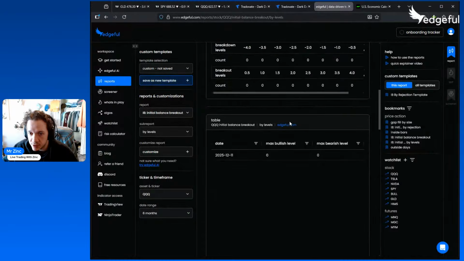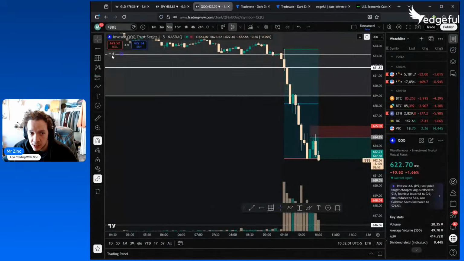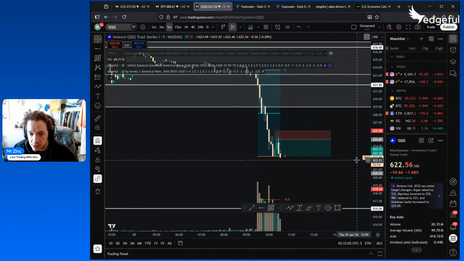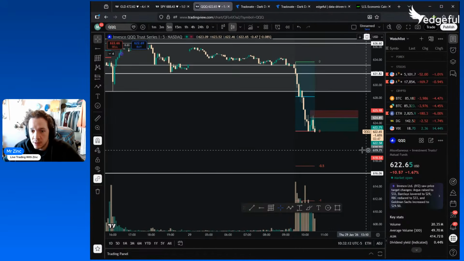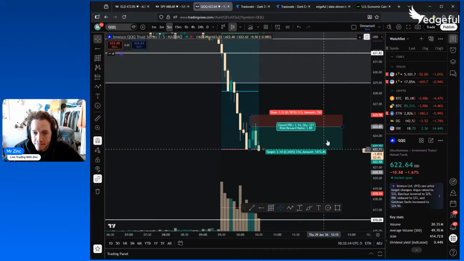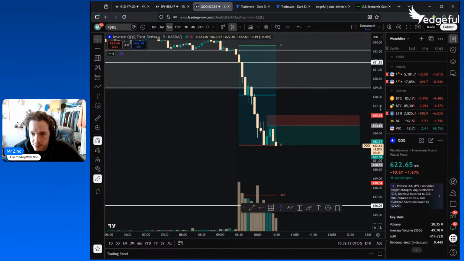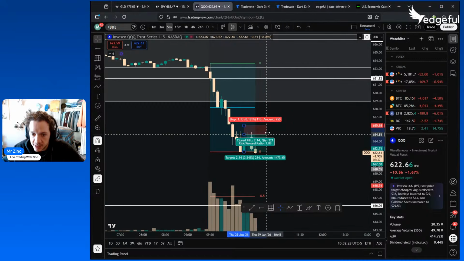Now going over to the potential that we get a continuation. Our IB's formed. This is what our half standard deviation is, 617.26. Got my pullback. That was a fast trade.